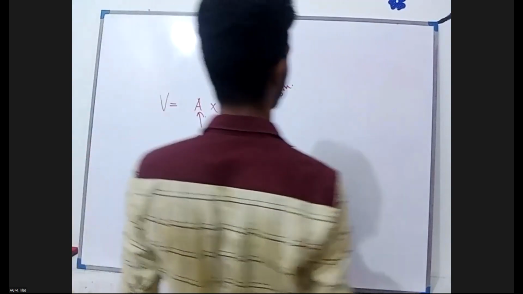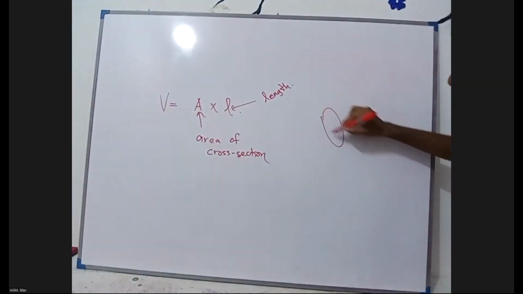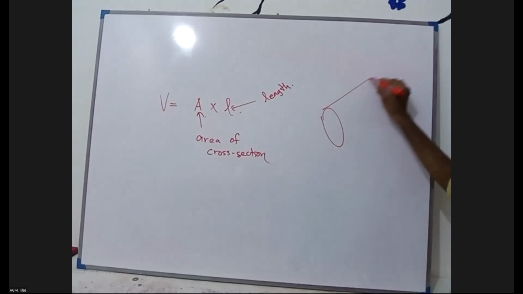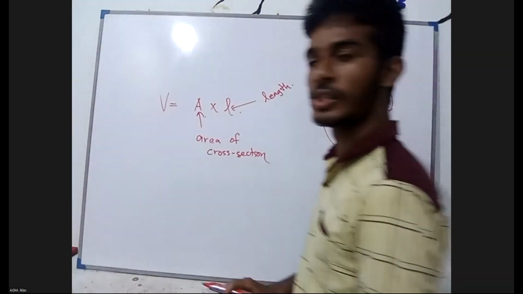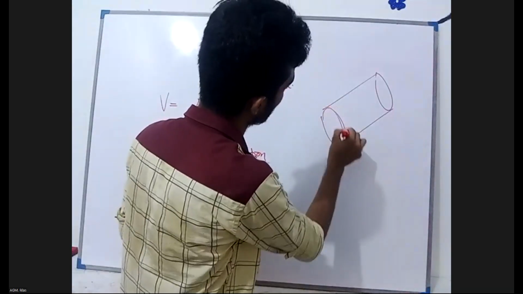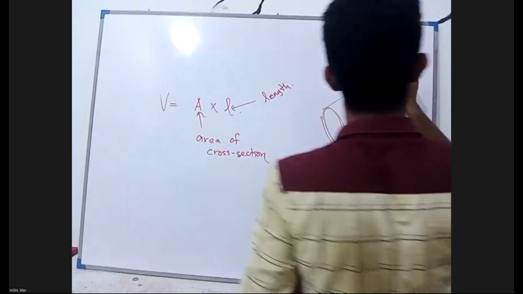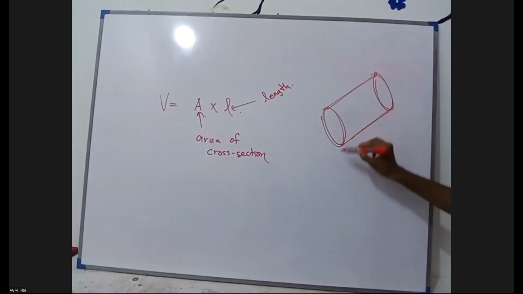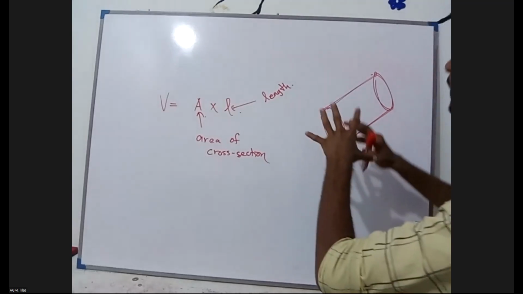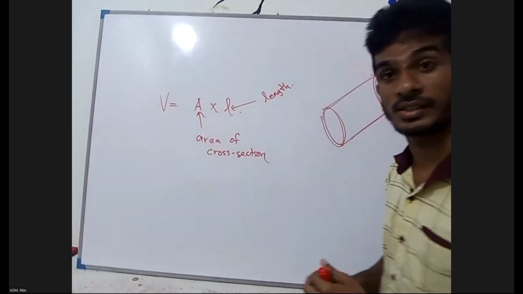For example, if you take a cylinder, let me just keep the diagram of a cylinder. Here we have a circle and a rectangle. Using a rectangle and a circle, we can create a cylinder.